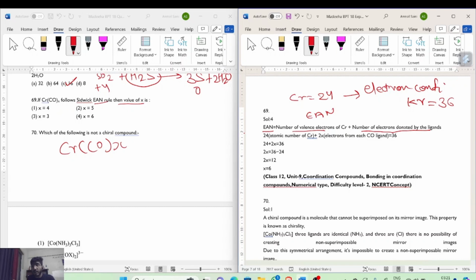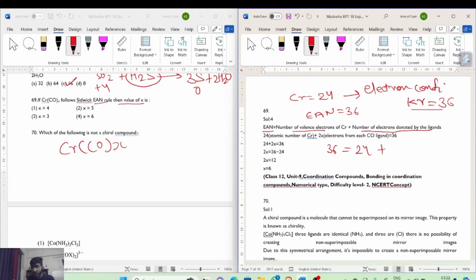So the EAN value for chromium will be equal to 36, because the next noble gas near chromium is krypton, with atomic number 36. The atomic number of chromium is 24, and then we add the electrons donated by the ligands.